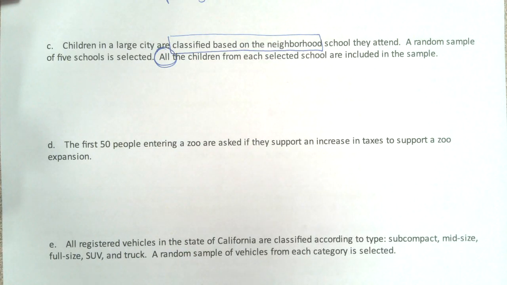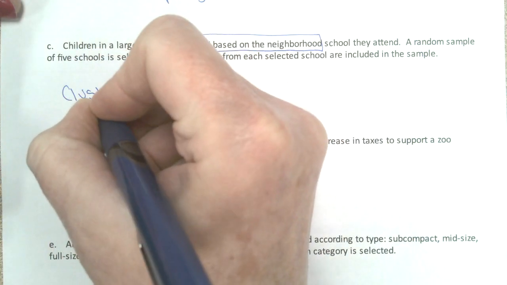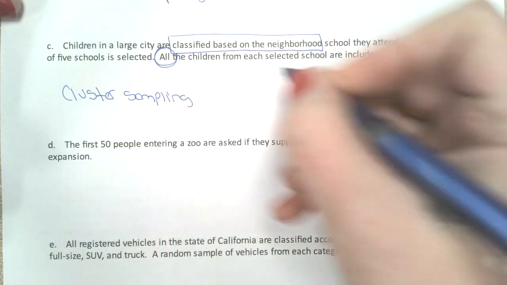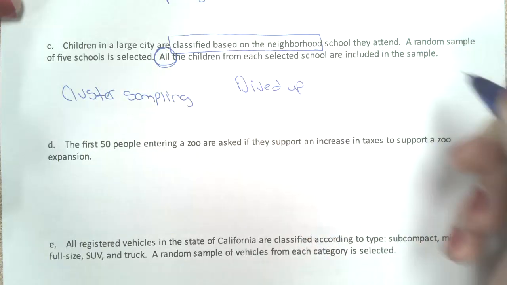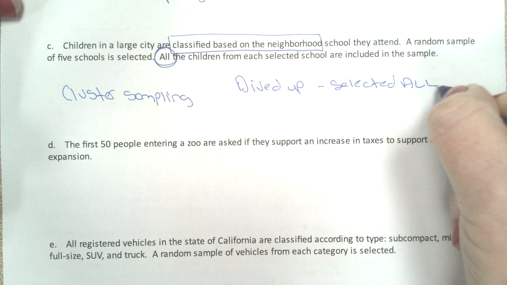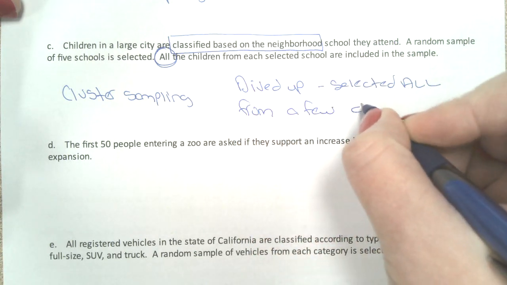And then the key here is all the children from the school are going to be in the sample. This is what cluster sampling looks like. So in a cluster, they were divided up, and then we selected all from a few choices.